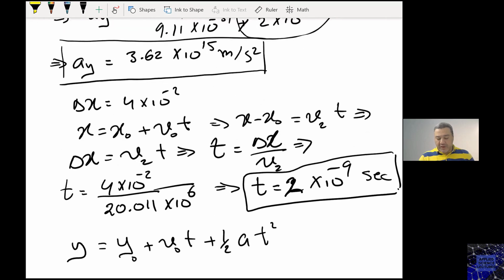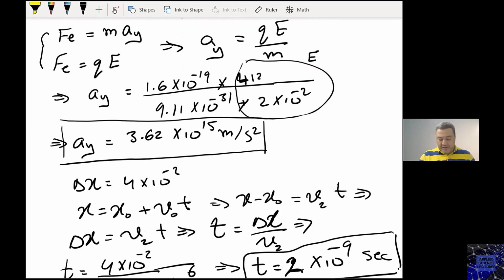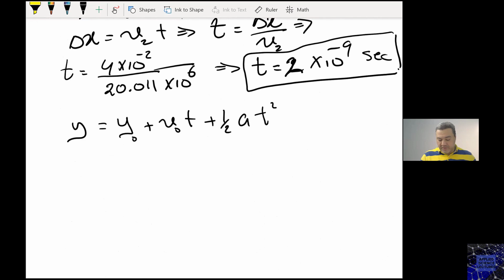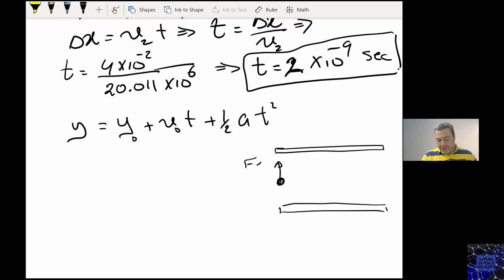Now, when it comes to the y, let me draw it here to make it clear to you. Right at this point, that has the force Fe and the velocity v2. This is on the x-axis.